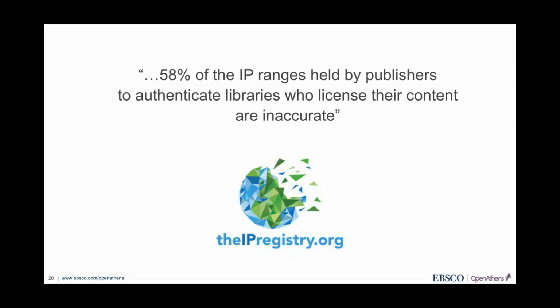This has once happened in Germany, and this was one of the stories that the IP registry told their users once they were established. So the IP registry is a place where you can put your IP ranges for the publishers to view, and they are being constantly checked. So publishers trust that registry and institutions trust that registry, that all information there is correct. So it helps reduce the amount of piracy that's going on.